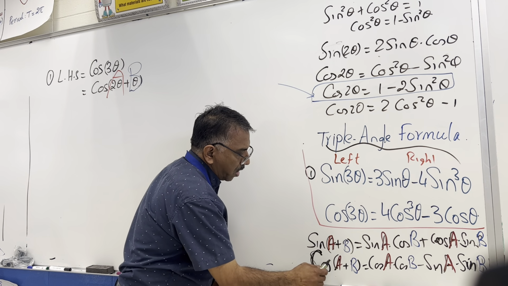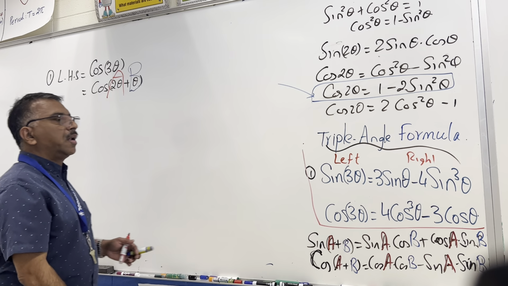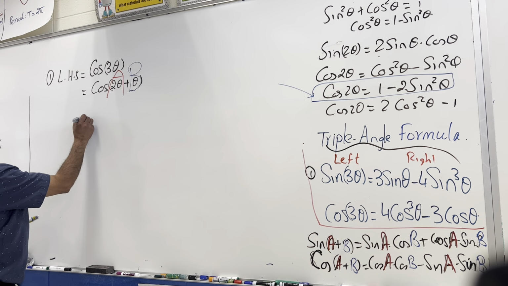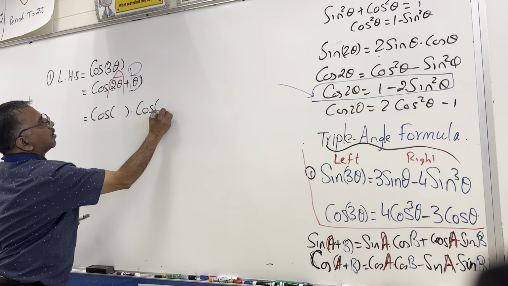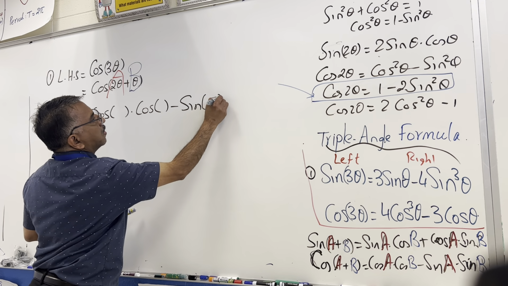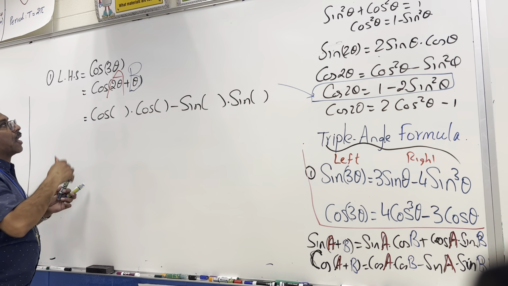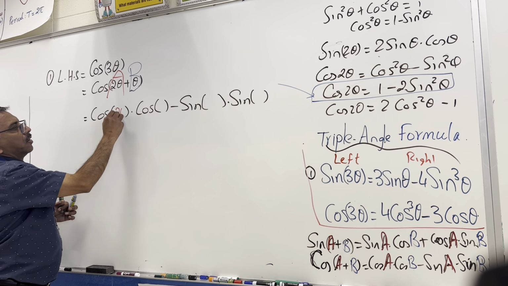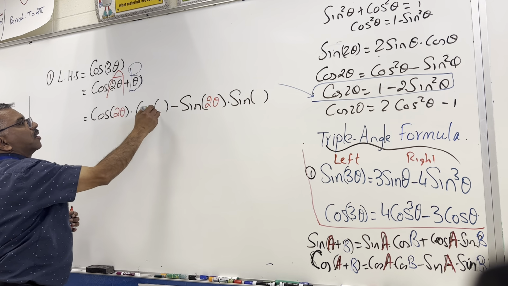So cosine of A plus B is cosine A cosine B minus sine A sine B. So this will be cosine and cosine, but now plus changes to minus. So A is 2 theta, so this goes here, 2 theta, and B is theta, so that's theta.